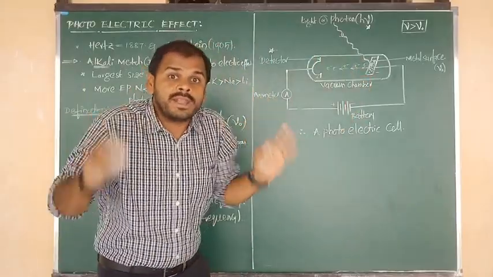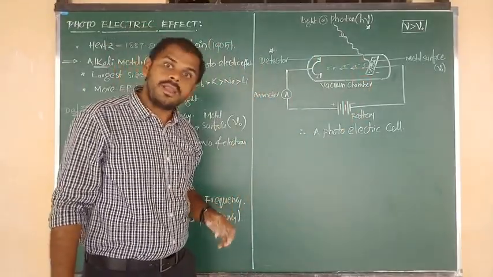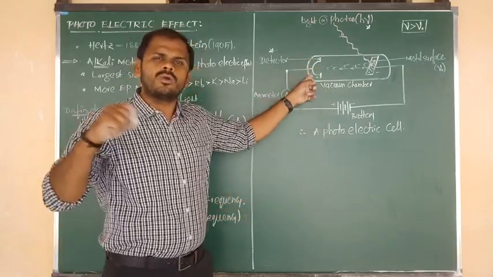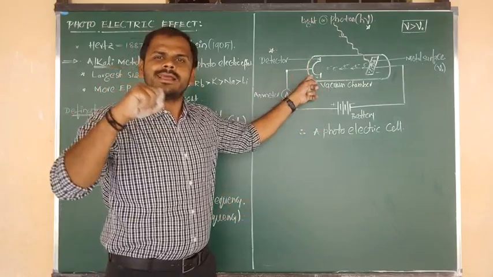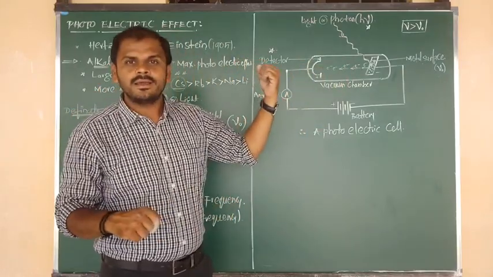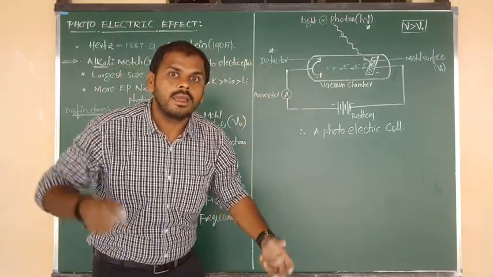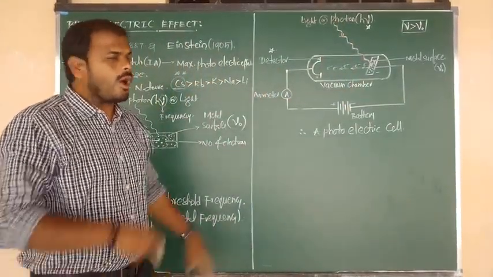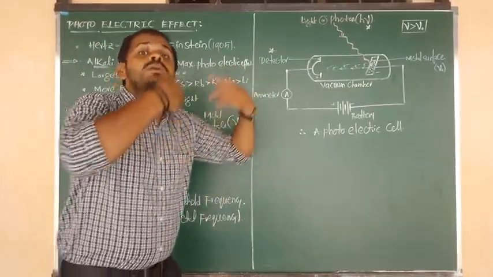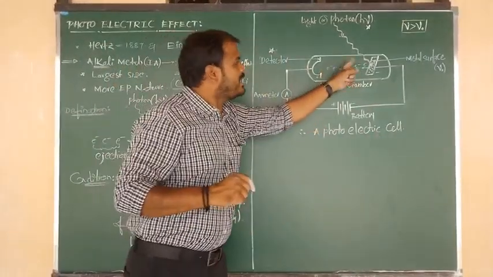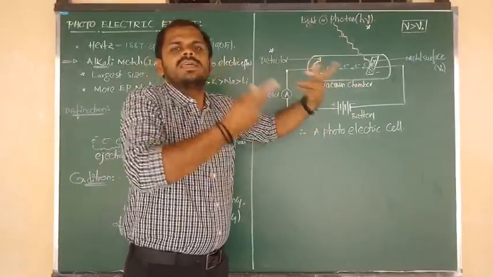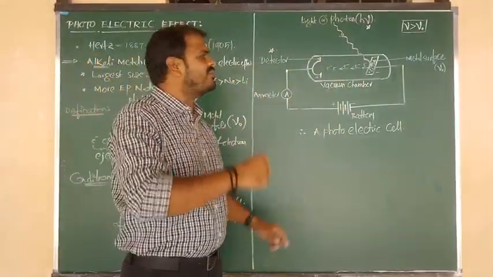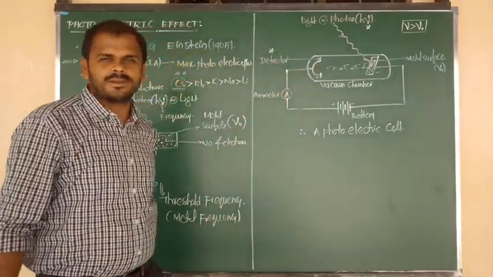It also has another use: it can count the ejected electrons and also measure the kinetic energy of the ejected electrons. How many electrons are releasing, and what their kinetic energy is. These two things we can identify using the detector.